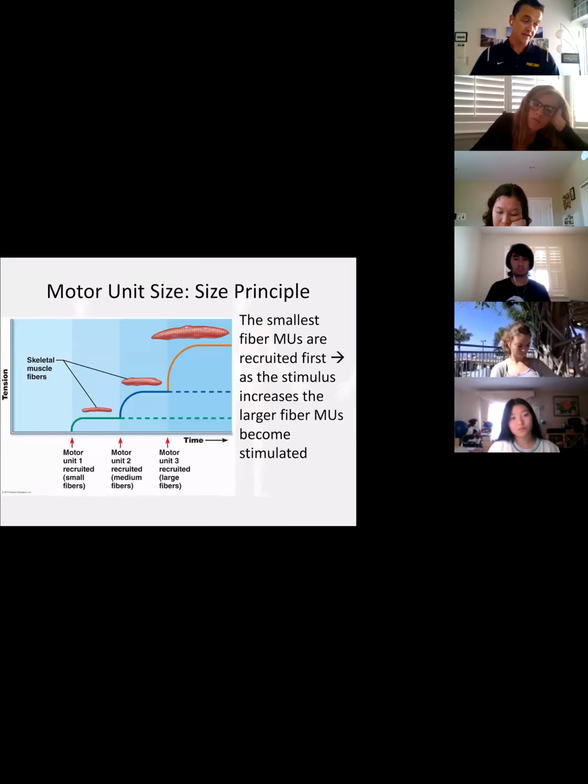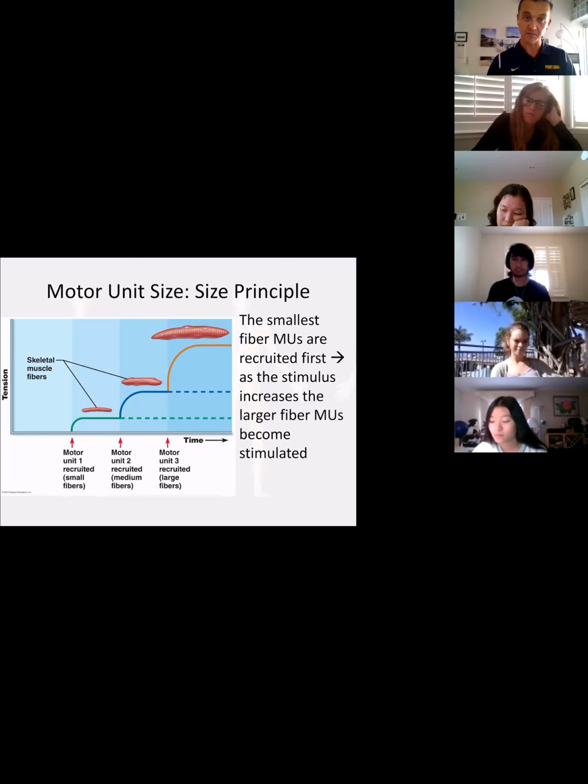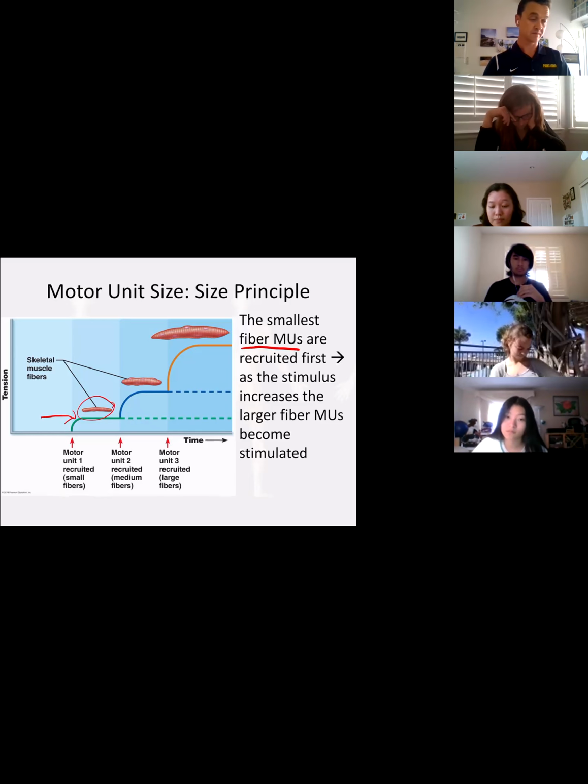The other thing to think about is not just how many motor units are contracting, but how big are the muscle cells in the motor units. The smallest muscle fiber motor units are always recruited first. So with that low level stimulus we talked about at the beginning, we're just going to contract the motor units that have the smaller muscle cells. But as we get a higher stimulus, we'll start contracting the ones that have medium-sized muscle cells.